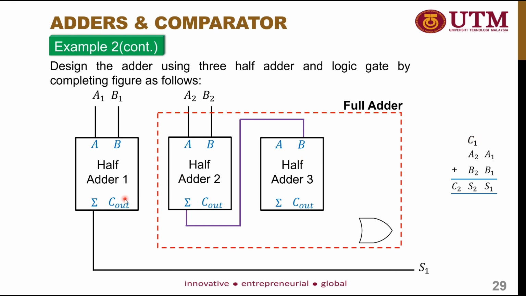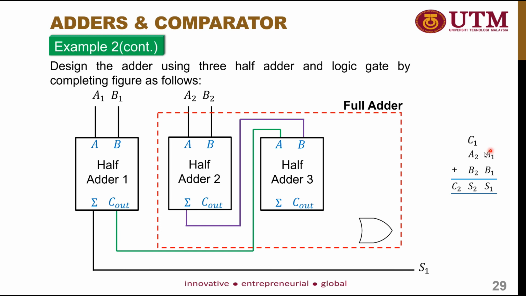C1 comes from the Cout. So Cout will be connected to the A input. So right now, half adder 3 has the input of A2 plus B2, the output sum, which is then connected to another input, which is C1.